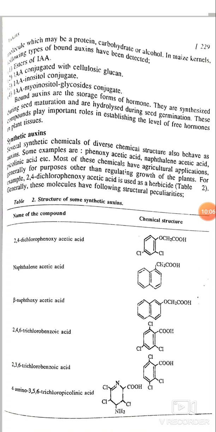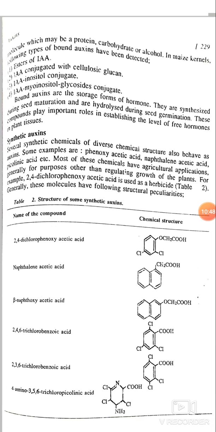Structures of some synthetic auxins like 2,4-dichlorophenoxyacetic acid, naphthalene acetic acid. Here is a naphthalene ring with the acetic acid. Beta naphthoxy acetic acid, 2,4,6-trichlorobenzoic acid. Here there is a benzene ring, three chlorines on 2, 4 and 6 positions and an acidic group.